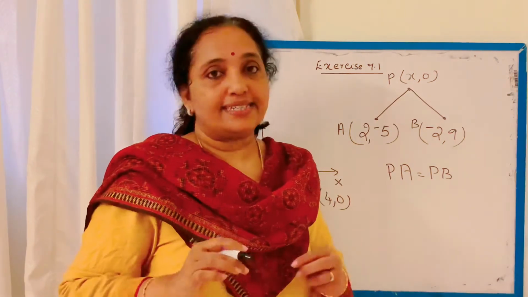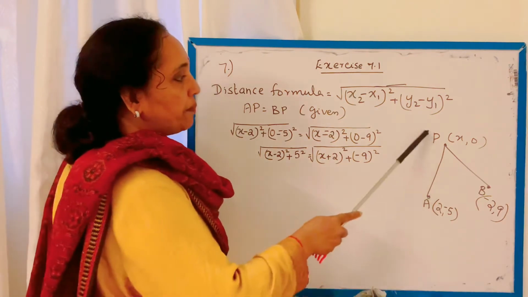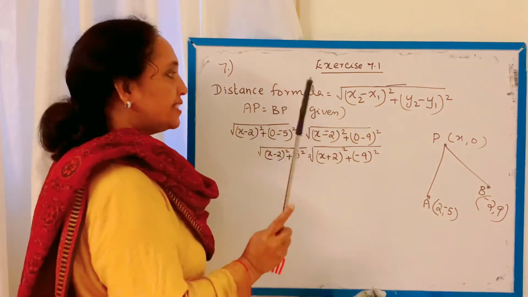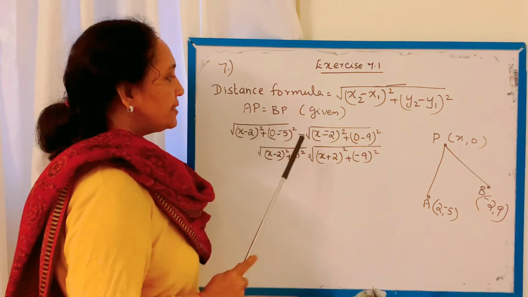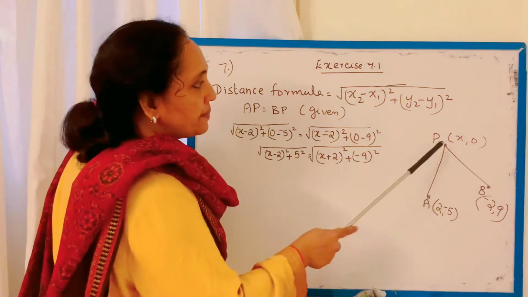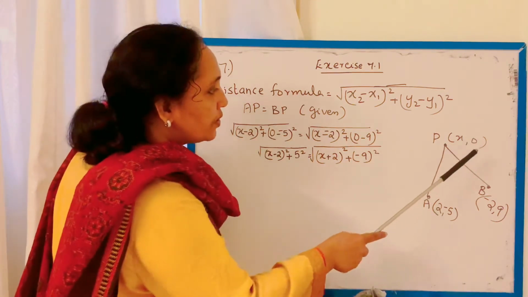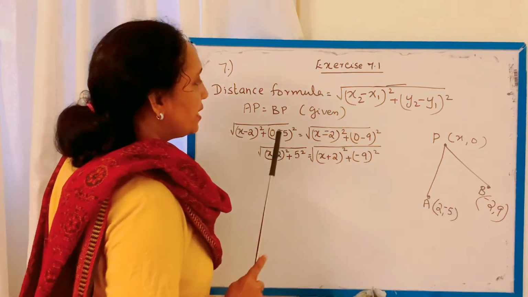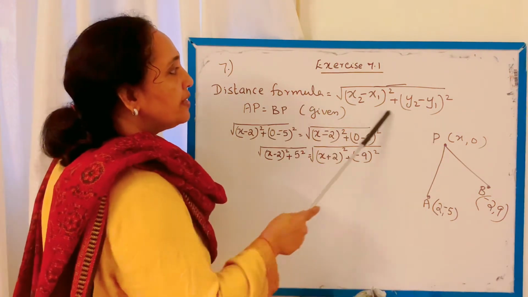Use the distance formula to do that. Look here, AP and BP are equal, that is given to us. Then using the distance formula, AP is equal to the square root of (x minus 2) the whole square plus (0 minus -5) the whole square. That means you substitute these values in the formula.